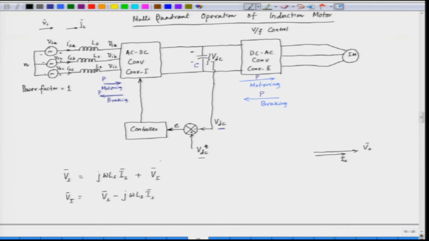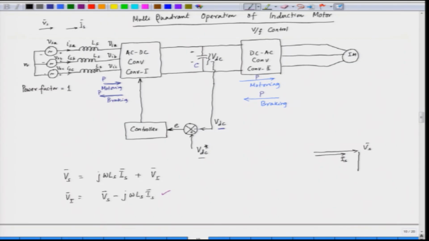Now, let us take this vector equation: Vs minus j omega Ls Is. What is j omega? J omega is a rotation by plus 90 degrees, and minus j omega is a reverse rotation.